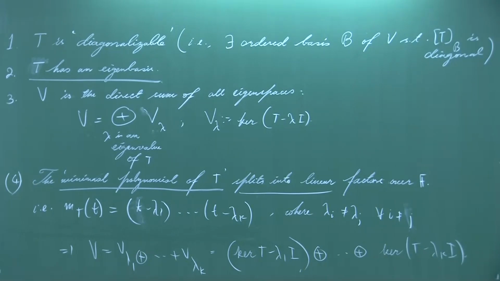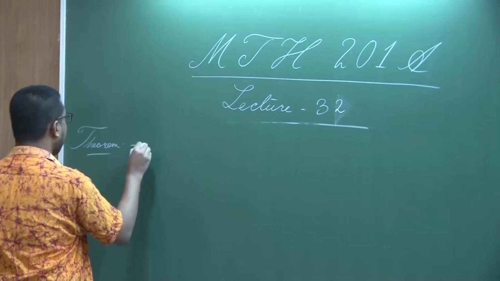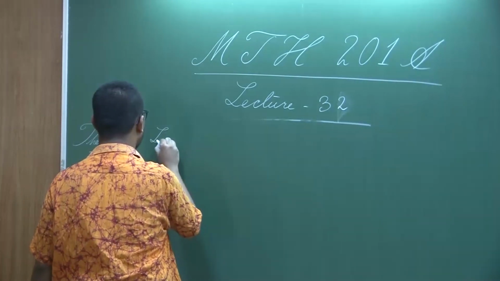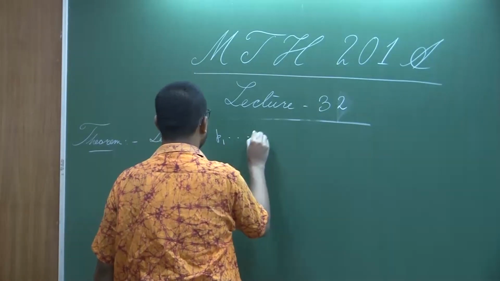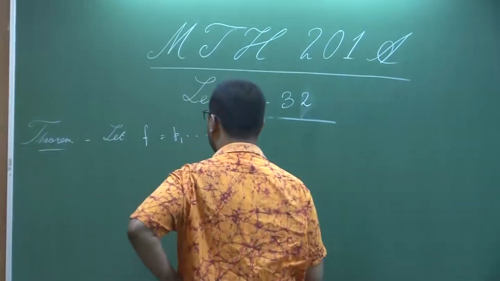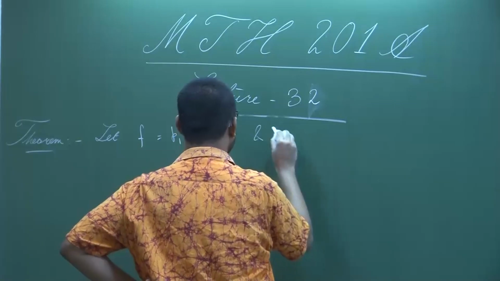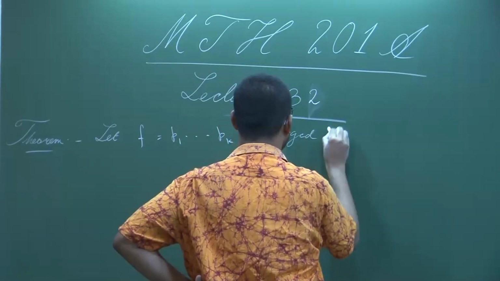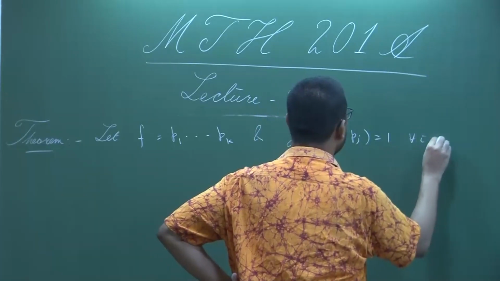So, the theorem that we intend to prove in generality is as follows. Let f equal p_1 p_2 ... p_k. These are all polynomials p_1, p_2, ..., p_k, and gcd of p_i, p_j is 1 for all i not equal to j.